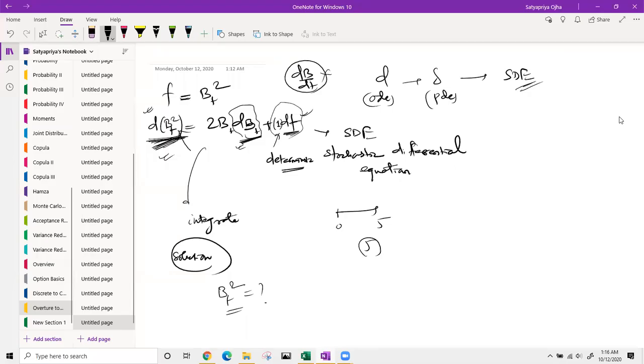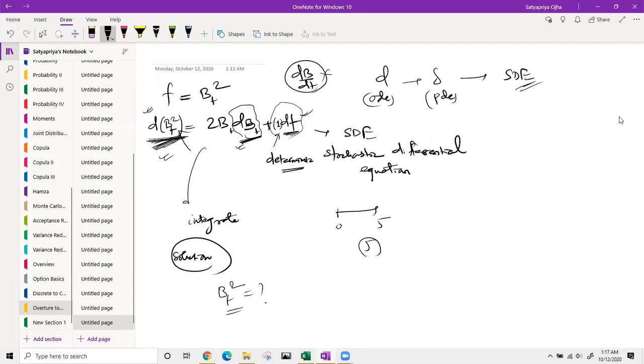We'll look at some more examples, and then we'll derive the stock price stochastic differential equation, which is the GBM, geometric Brownian motion. So we'll derive that next class. And we'll look at some more theorems and properties of Ito calculus.